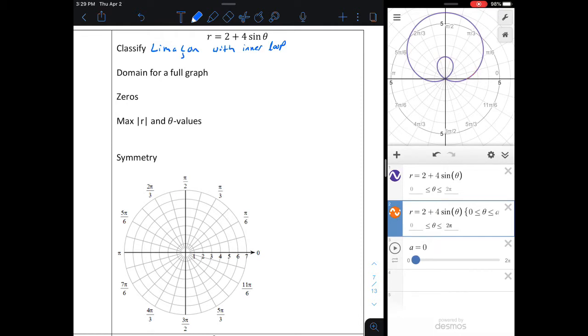I can discover that with the slider, where we start at 0 and see how long it takes for the function to completely map itself and do everything it's going to do. So I'm dragging my slider, looking at its tracing, and by the time I get all the way to 2 pi, it did everything it's going to do, and it's back to where it started. So the full domain for this graph, we can say, is from 0 to 2 pi.